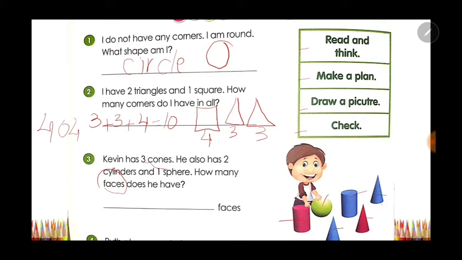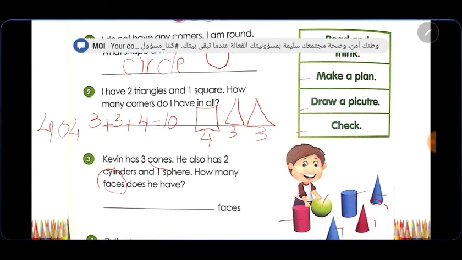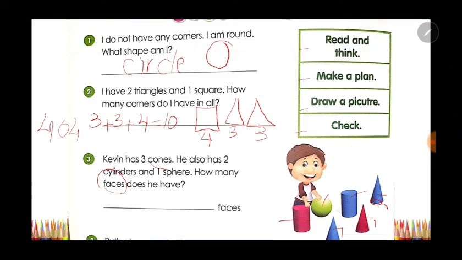For the cone, how many faces? Perfect, it's just 1 face, round. This is like a circle. Here is 1. So here I have only 1 and here is only 1. For the 3 cones I have 3 faces. What about the cylinder? Can you remember how many faces for the cylinder? Amazing, 2 faces, 1 up and 1 down. Here is 2. And here is also 1 up and 1 down, will be 2.